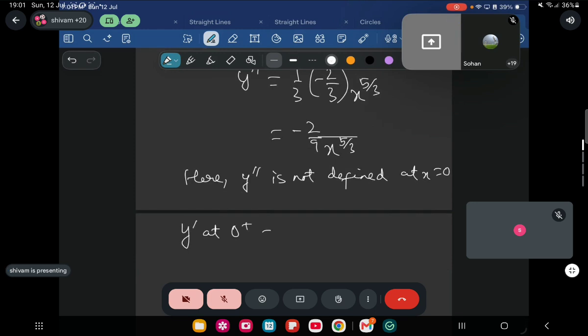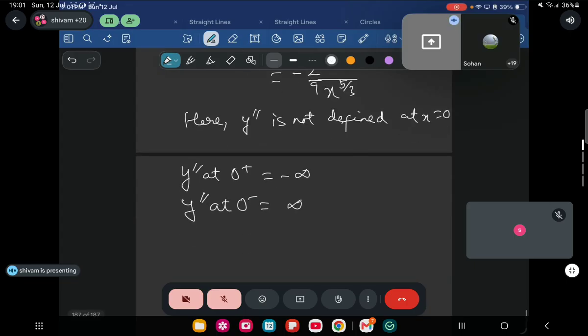Plus infinity. And what is y dash at 0 minus? Minus infinity. So y double dash is changing its sign around 0. This implies there exists a point of inflection.